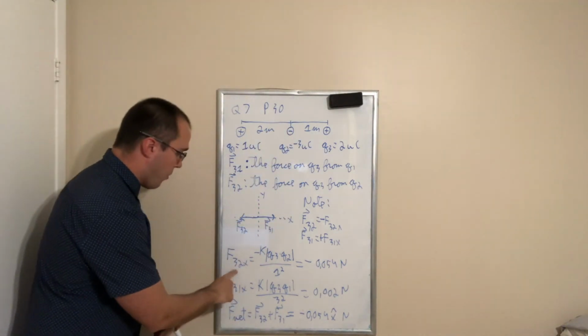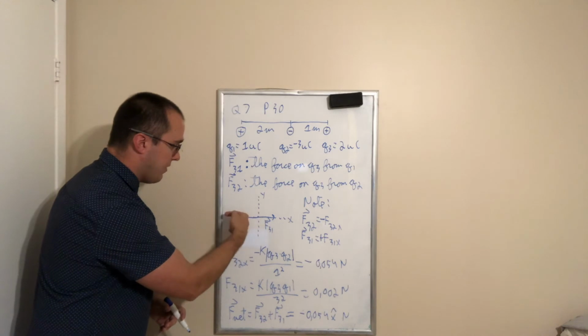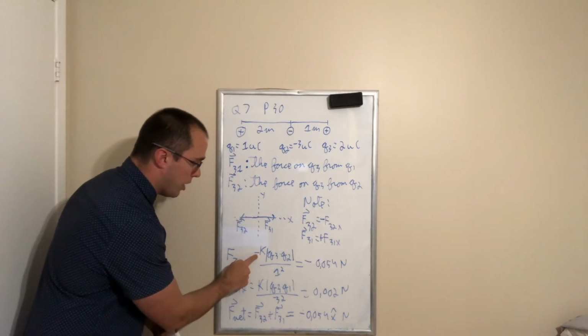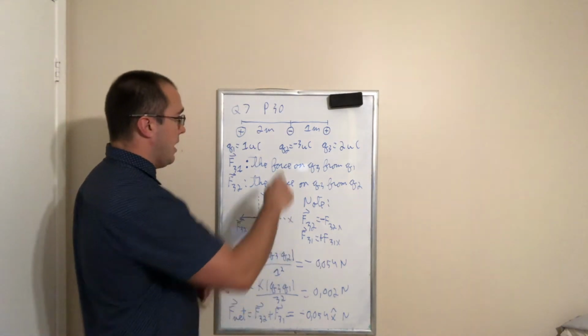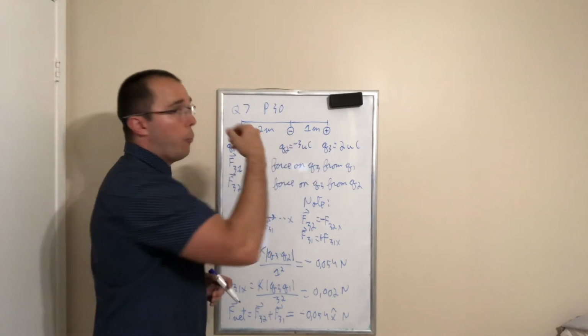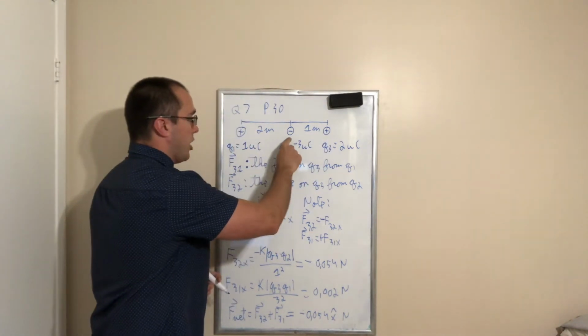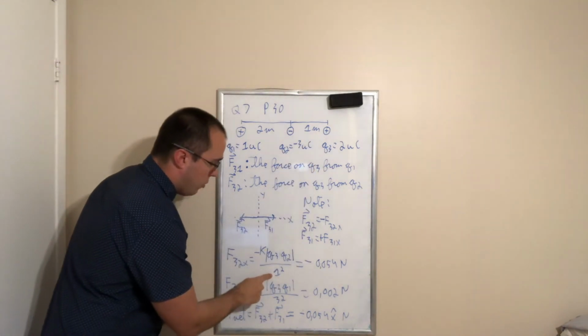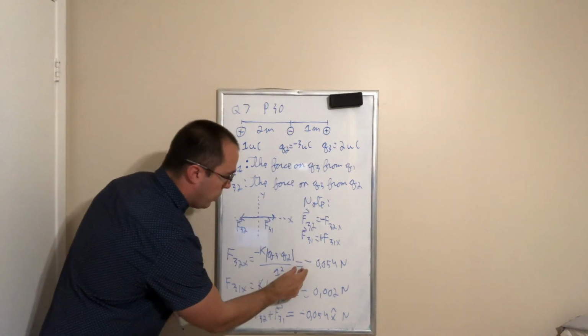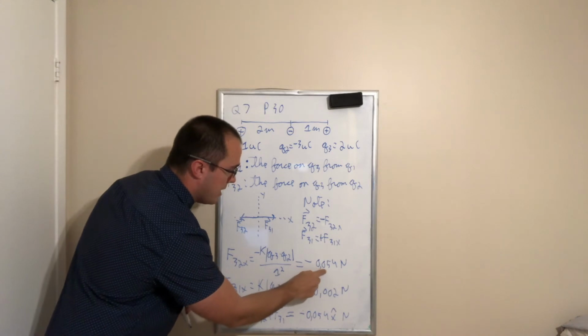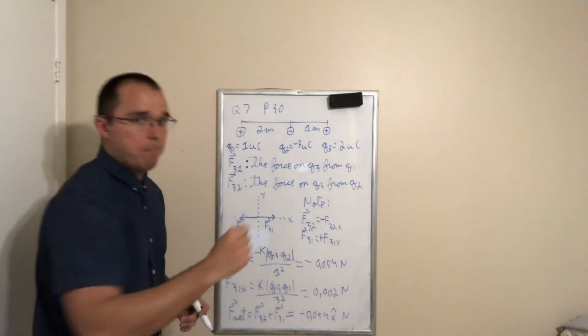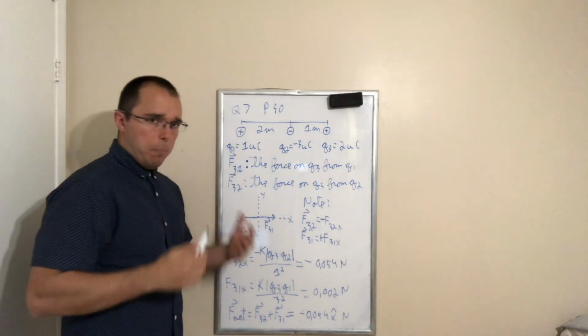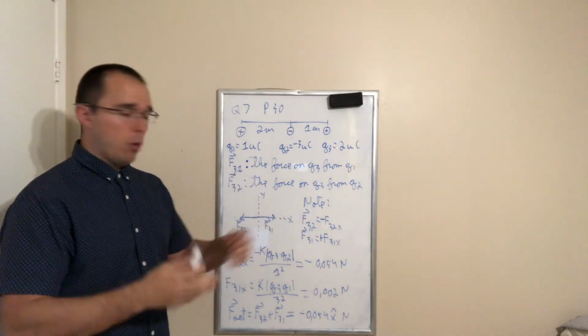So for F32, we know it's pointing in the negative x direction. There is a minus over here. Now the distance is between the two charges. So our radius r is between the second charge and the third charge. It is 1 meter, so here we add 1 meter squared. Once we compute the value, we get minus 0.054 Newton.